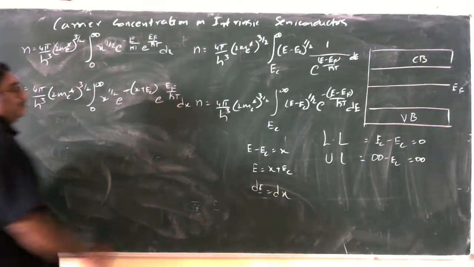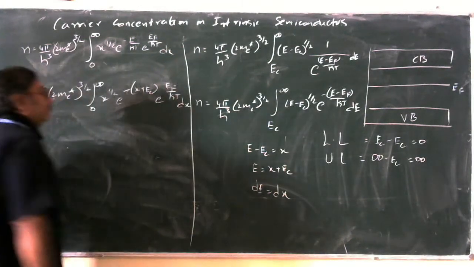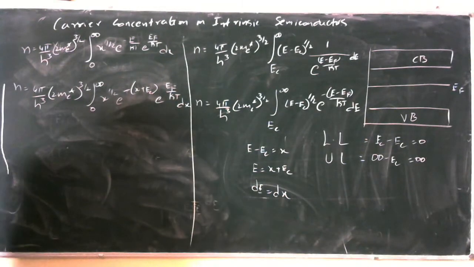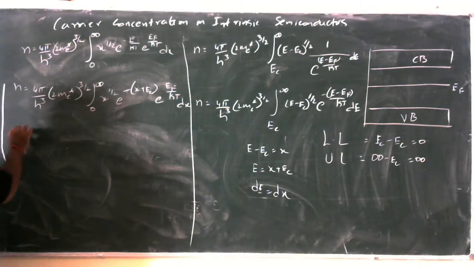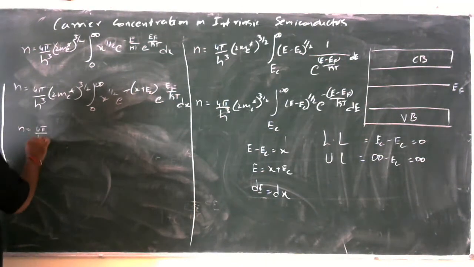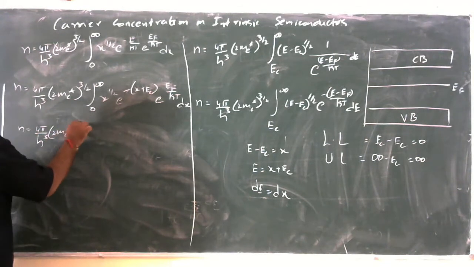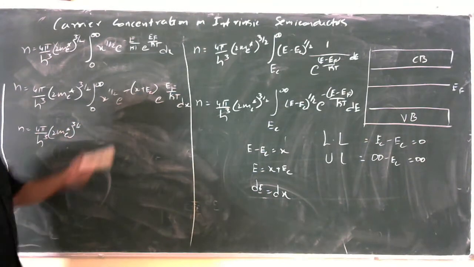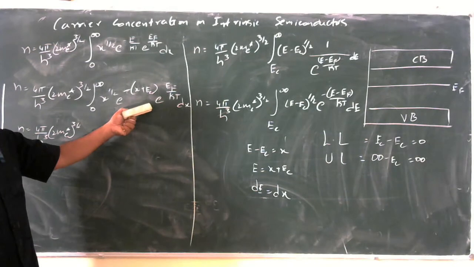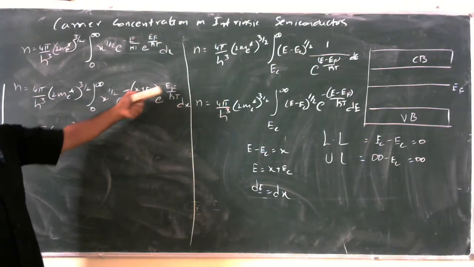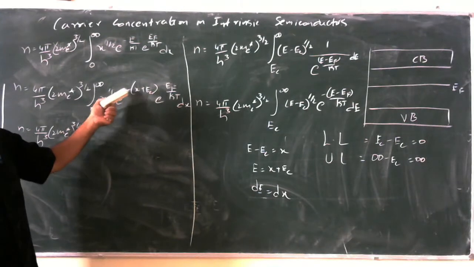So now what are we going to do? We are going to separate them and remove all the non-integrable terms. So this becomes N equals 4π by h cube into (2 me star) whole power 3/2. This e power EF by kT is nothing but e power EF by kT and e power minus Ec by kT.